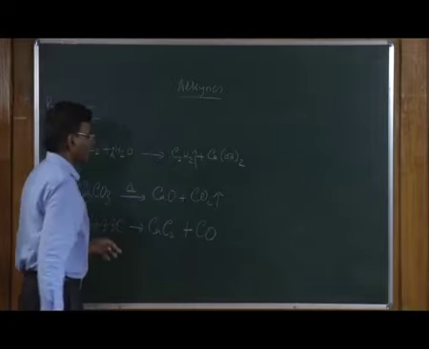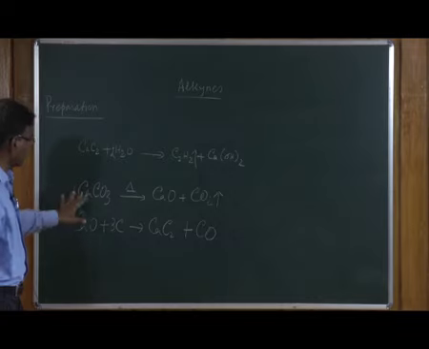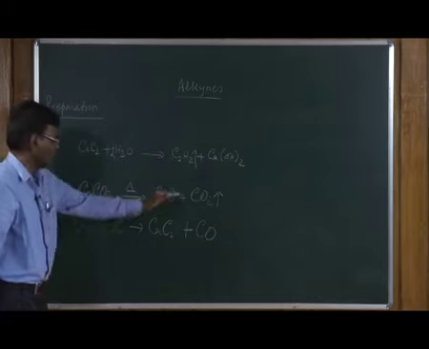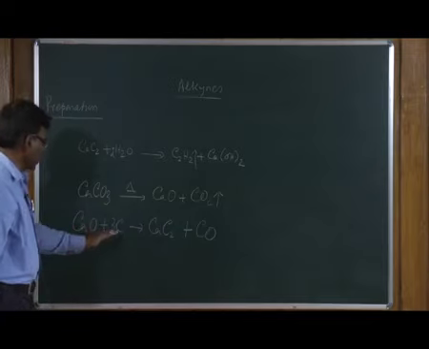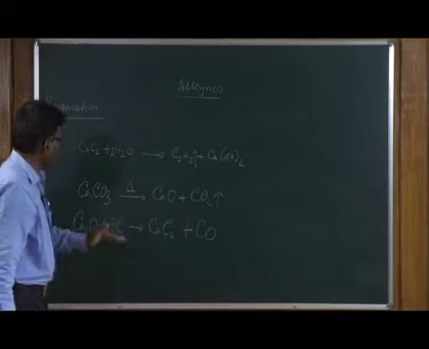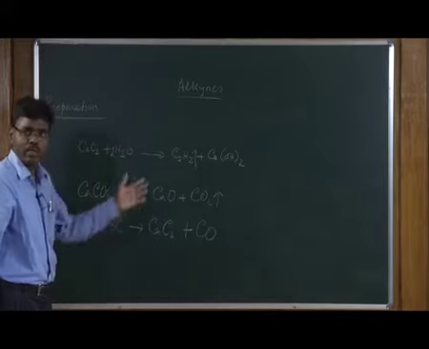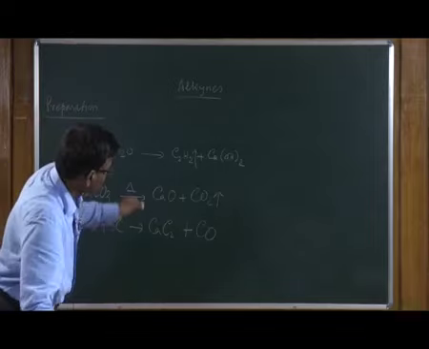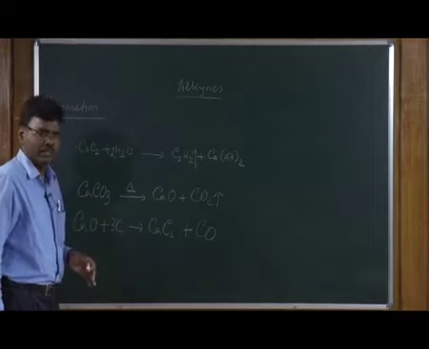So this is the reaction involved: calcium carbonate, when you heat it, produces calcium oxide, and this calcium oxide, when you react with carbon, generates calcium carbide. This, when you treat with water, produces ethyne gas. This is how industry prepares ethyne.